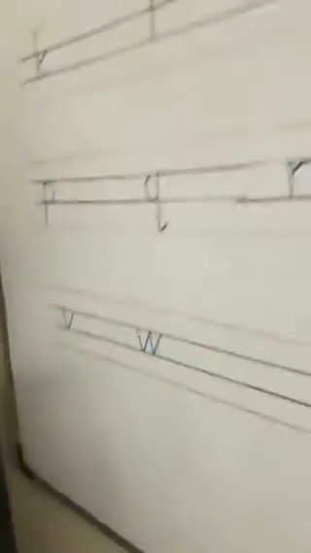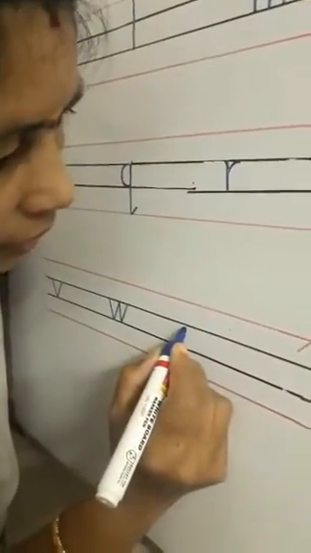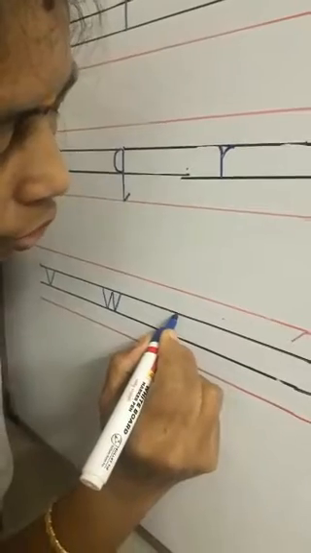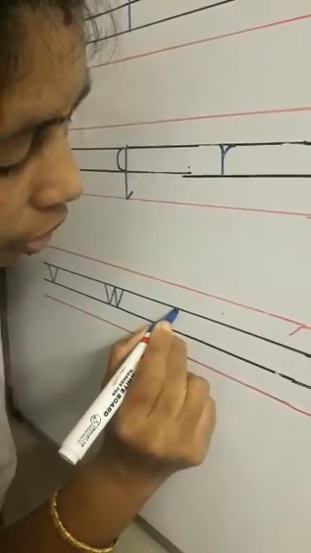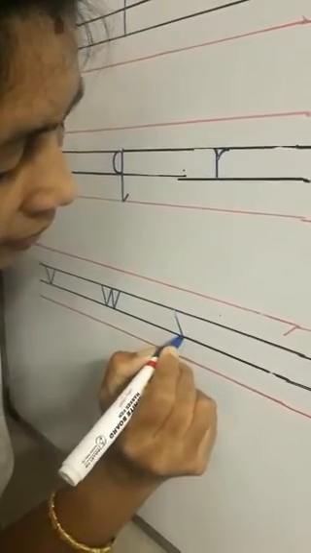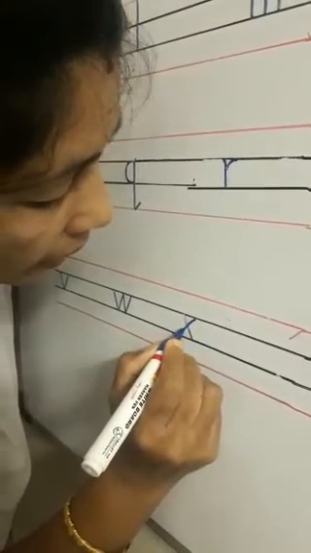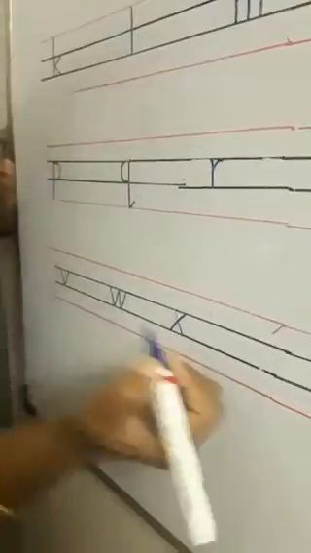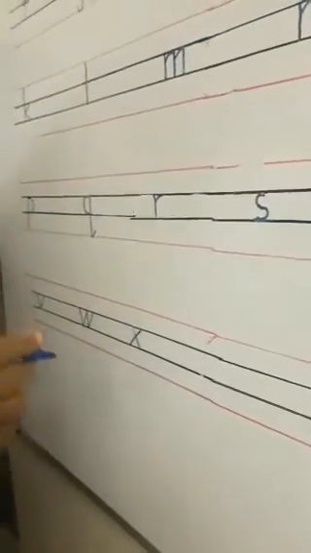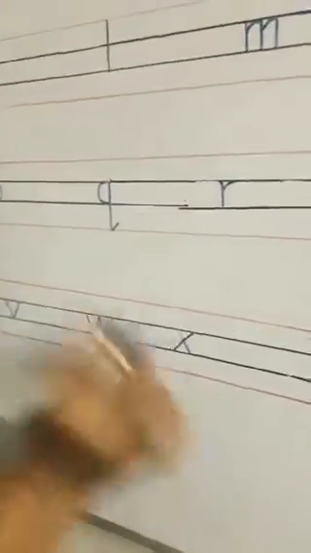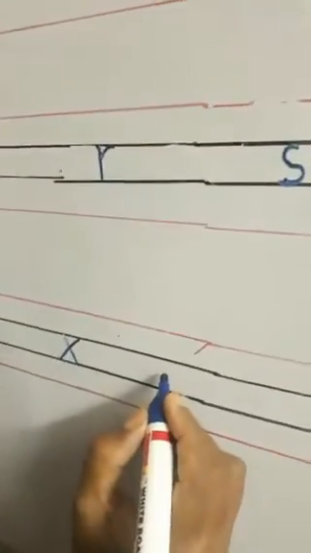So this is W. W after what? X. Yes, for writing X, we have to go to the middle and draw a slanting line. Again, go to the middle and draw one more slanting line towards left. Okay. X after? Yes, W, X, Y.